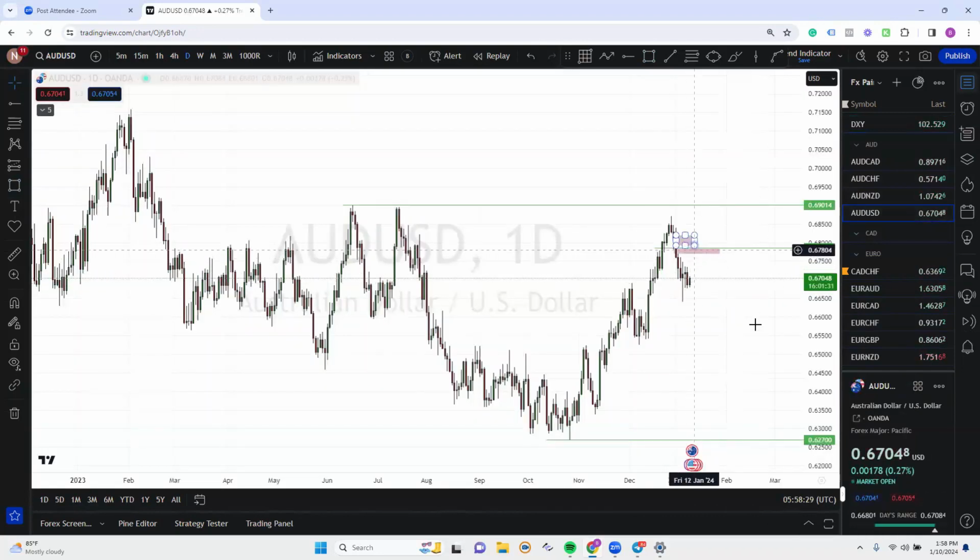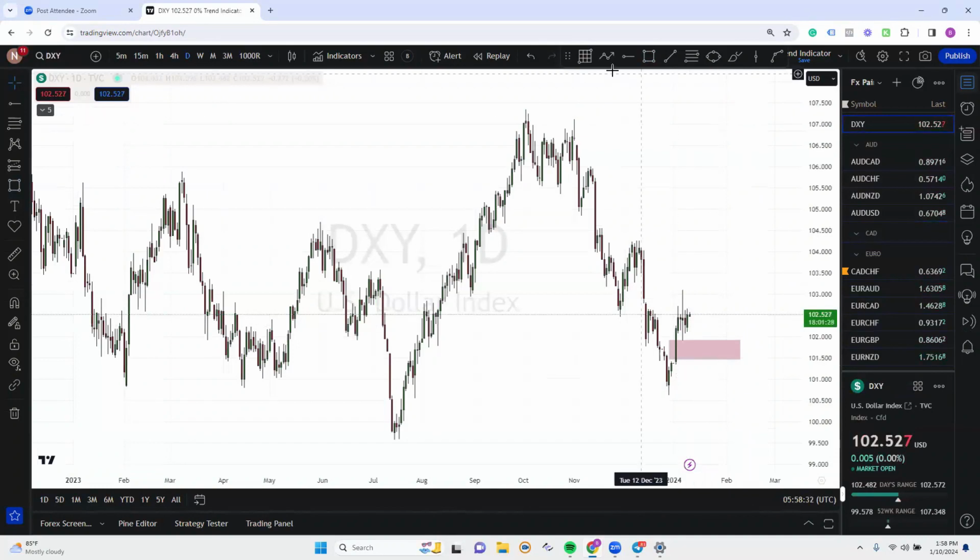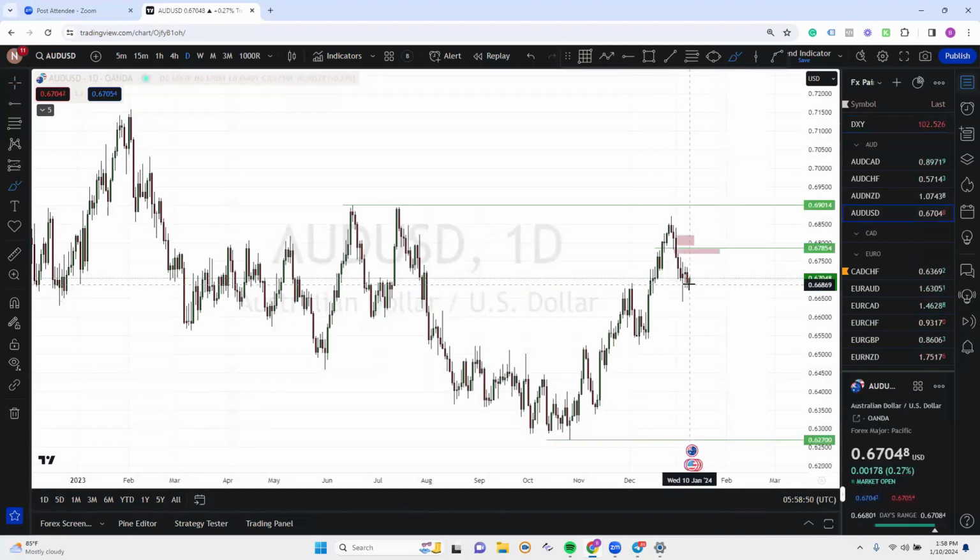Like I said, DXY can move lower first and then move up. There's a gap here as well. So when DXY moves lower and then up, we are going to see the Aussie dollar move up and then down. It's just the opposite, right?